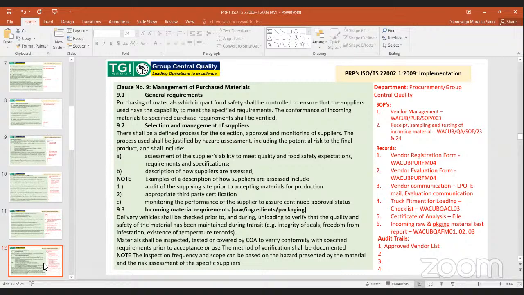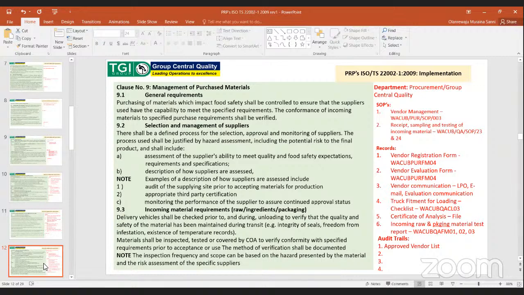So you need to have evidence that you have communicated the results to the vendor. Also, where we have an issue, you need to have evidence that you have discussed the best way the vendor can perform better in the next consignment or next activity.